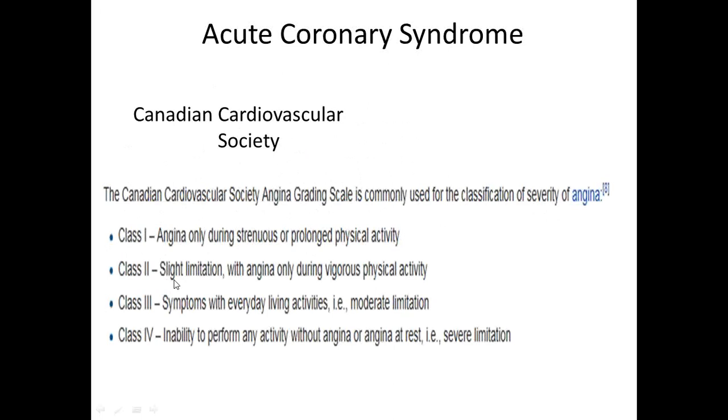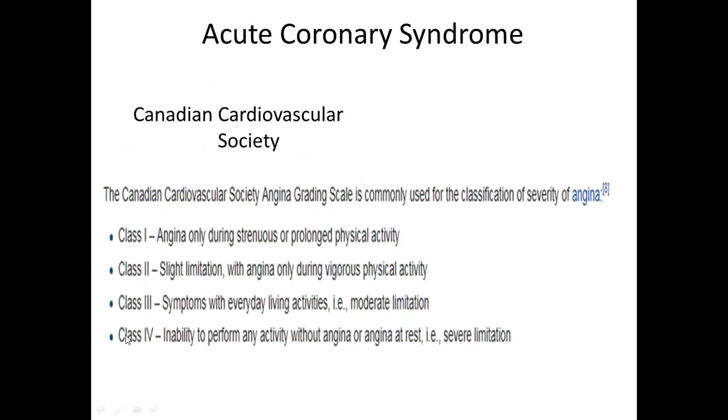Whereas your class 2 is slight limitation with angina occurring during vigorous physical activity. Okay, so you don't have a lot of limitation from the angina, but vigorous activity brings on the angina. Whereas the class 3, symptoms with everyday living activity, your regular daily stuff that you do, is going to bring on the discomfort. Okay, and there's more limitation with moderate activities as a class 3.